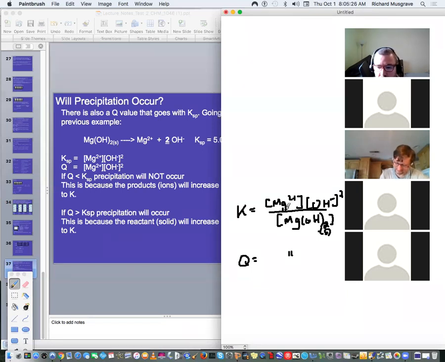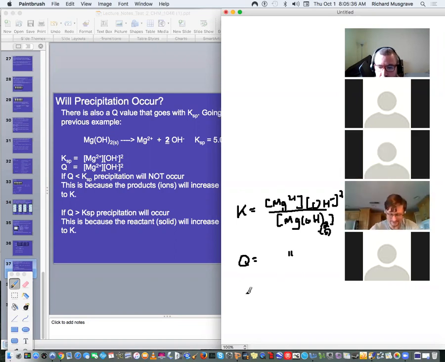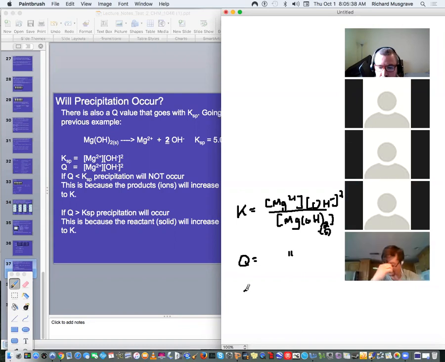The top, which is the ions, has to get bigger in order for Q to get closer to K. Does anybody have any questions about that? So I'll write that down. If Q is less than K, top needs to get bigger. And what's on the top? The ions, right? And if the ions are getting bigger, that means precipitation is not occurring.